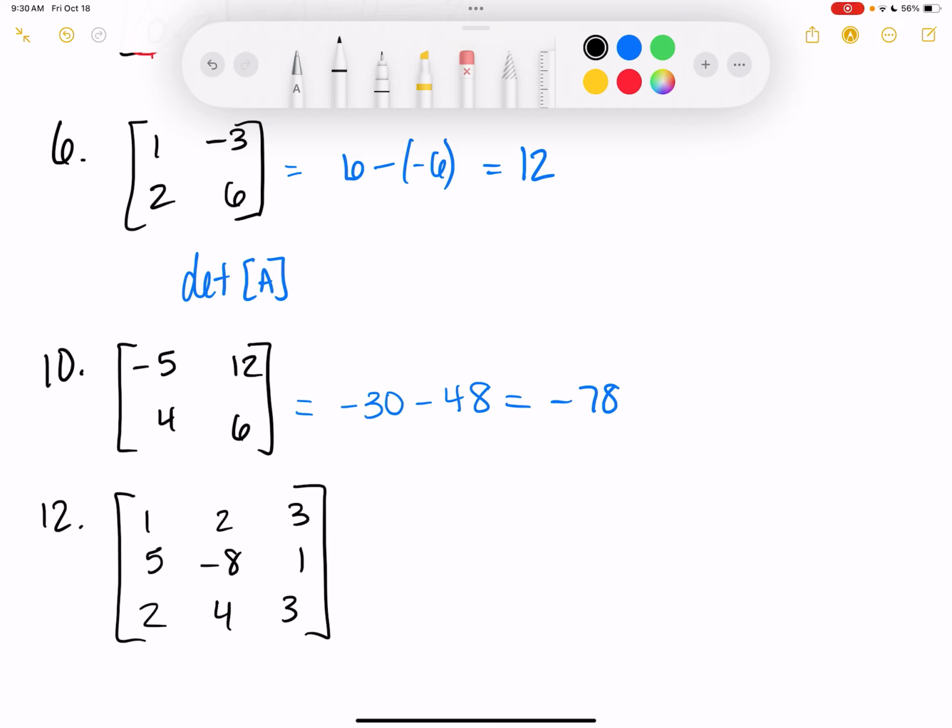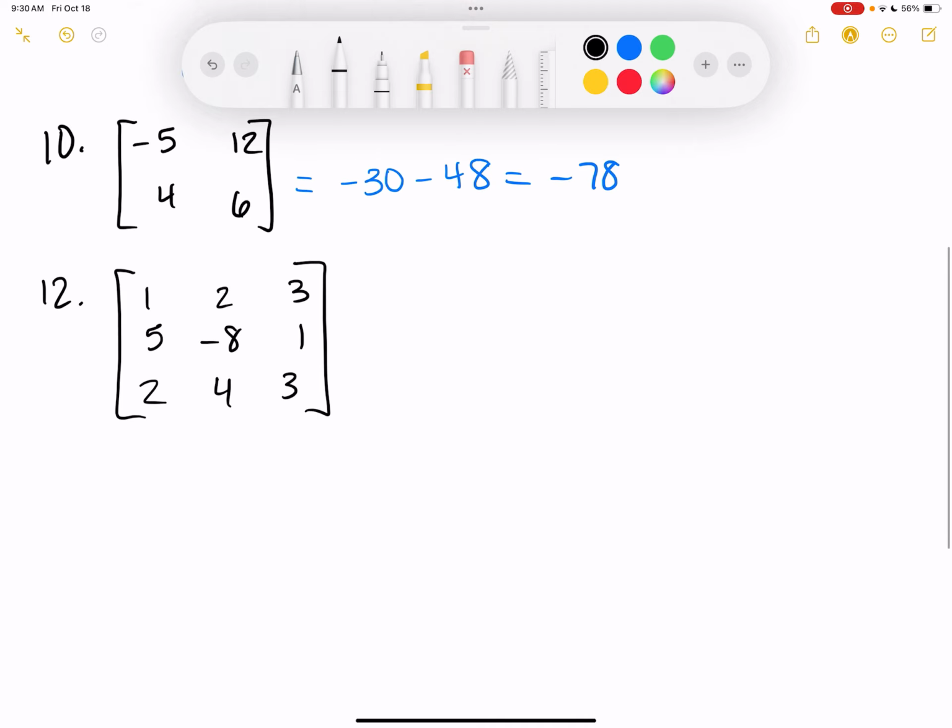At least on this first one, probably the first two, I'm going to use color so that we know what's happening. These numbers at the top are just what things are getting multiplied by. Beyond that, whatever number we're using at the top, we don't use anything else in that column, and then we find the determinant of the 2 by 2 square that's left.